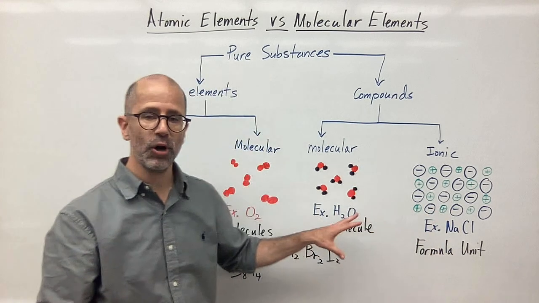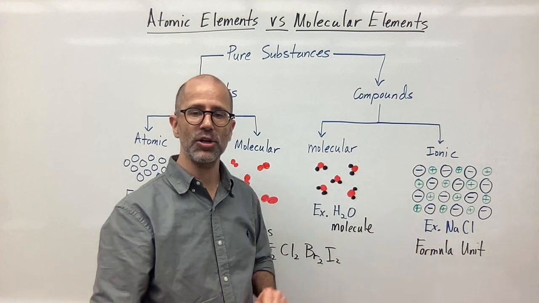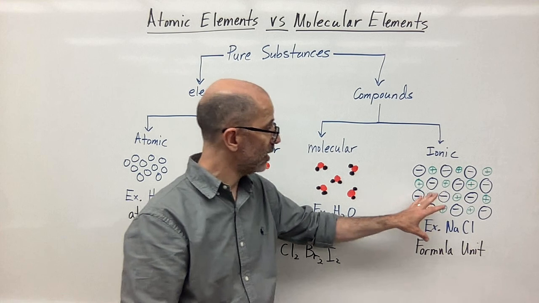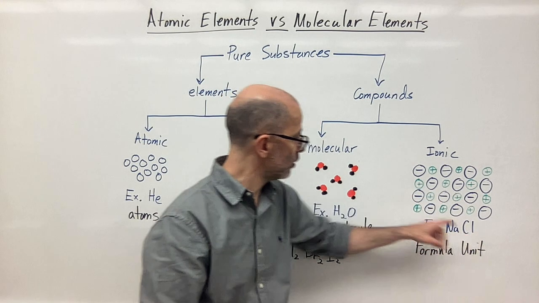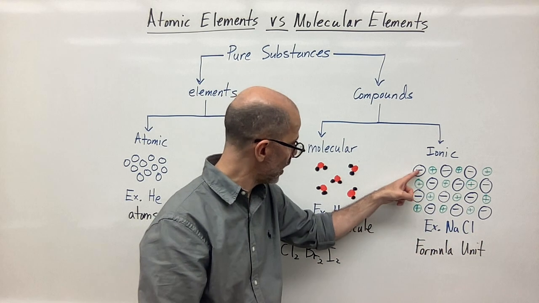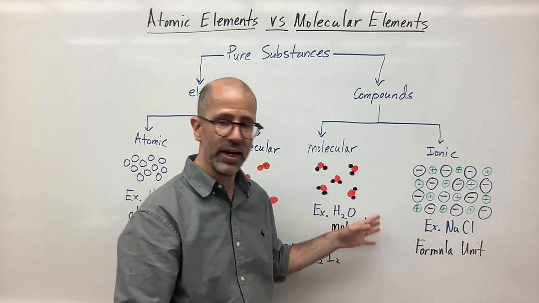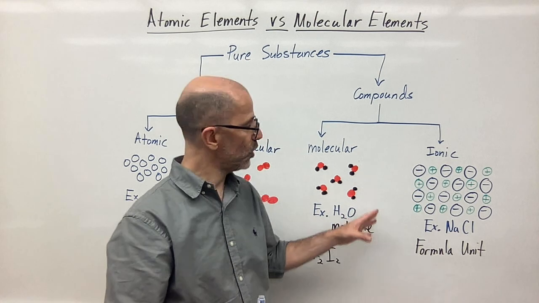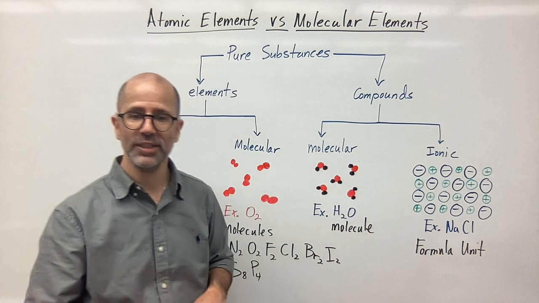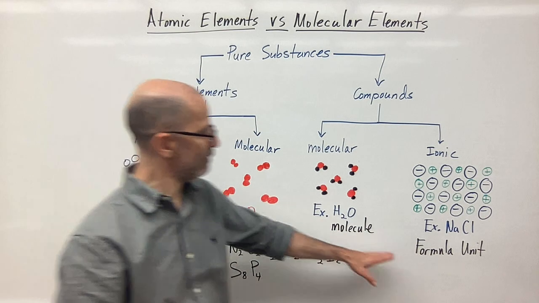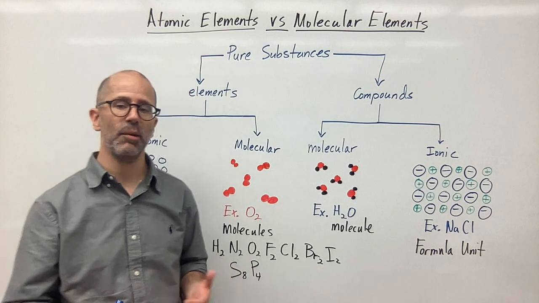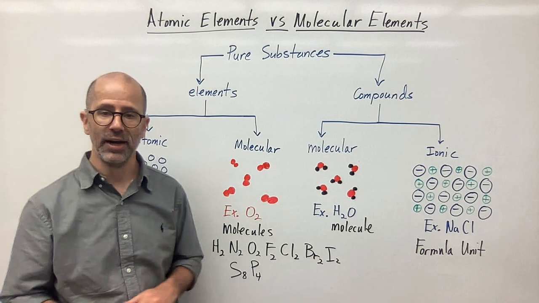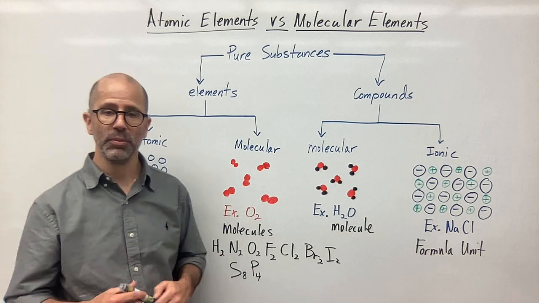Is it this Na, this Cl, this Na, this Cl? We don't know. So we don't call the unit a molecule. In this case, we call the unit a formula unit. So we don't use molecule for ionic compounds. We use the term formula units.